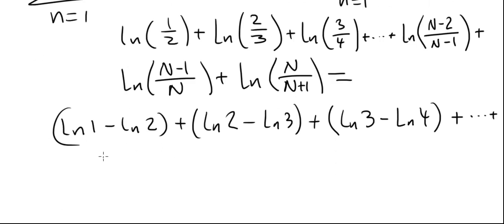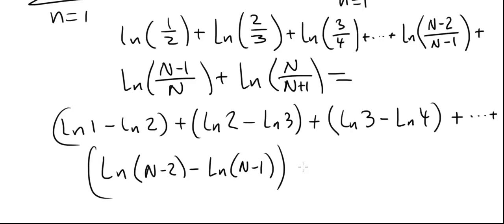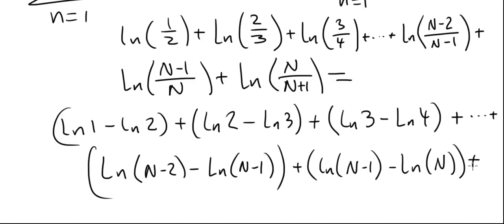And then this is ln of (N minus 2) minus ln of (N minus 1), plus ln of (N minus 1) minus ln of N, and then plus ln of N minus ln of (N plus 1).